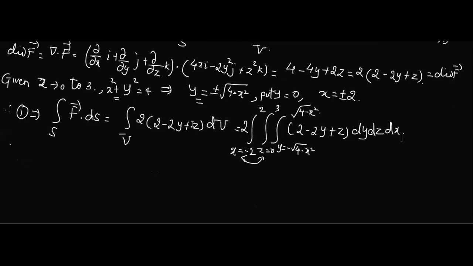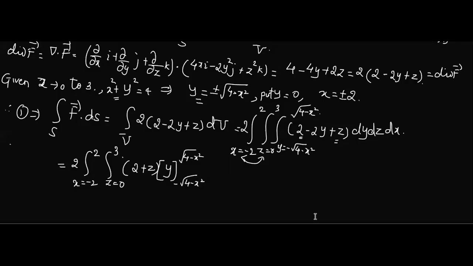Start with the integration part. Hope you know how to do it. So first we are going to integrate with respect to y. Okay, just a second. What I've taken is 2 plus z.